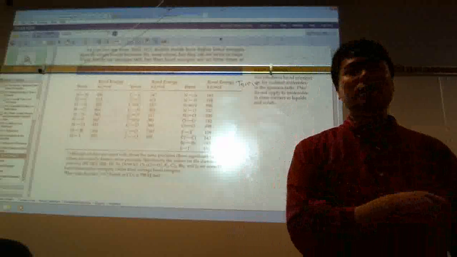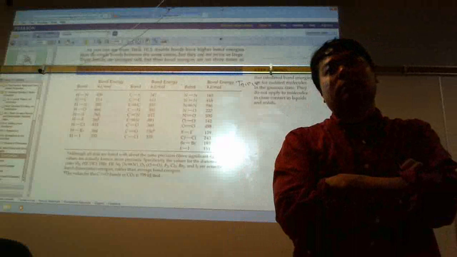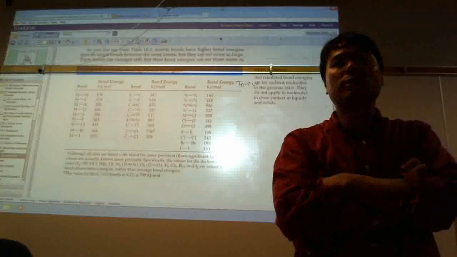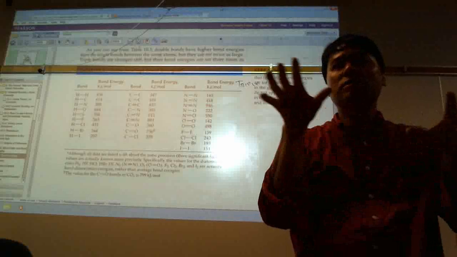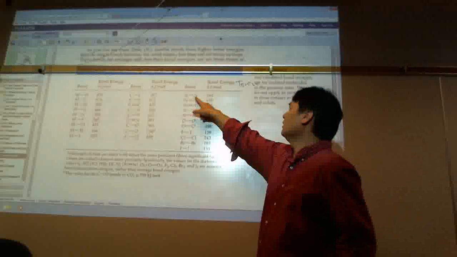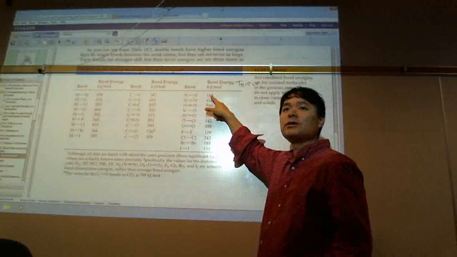What do you think? Would it be the same? Yeah, it's likely the same argument as with oxygen, because nitrogen and oxygen are right next to each other. Look at this, 163 kilojoules means you have to protect this from light also. It's too weak.